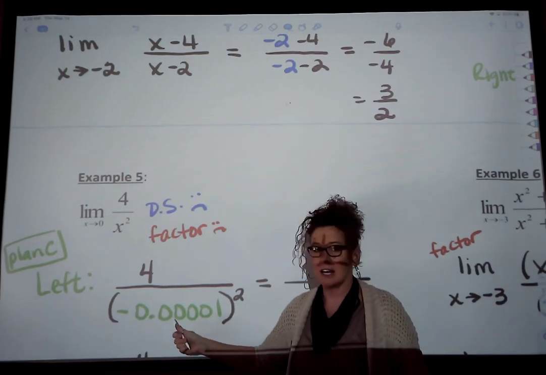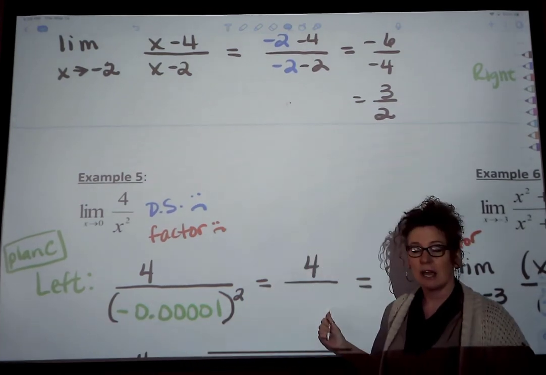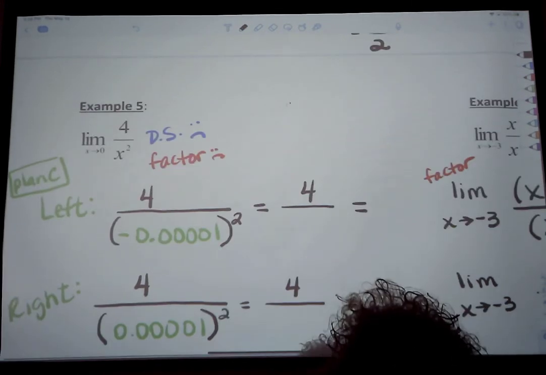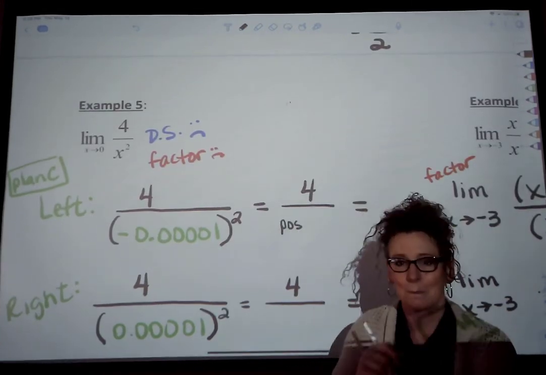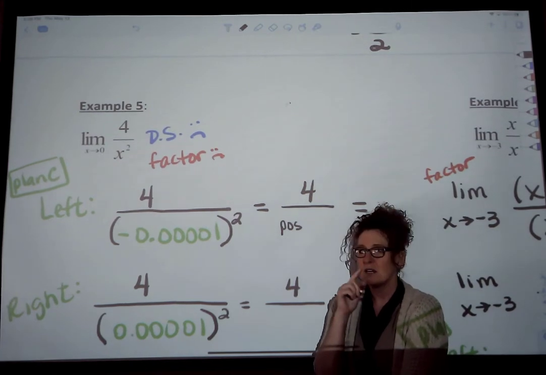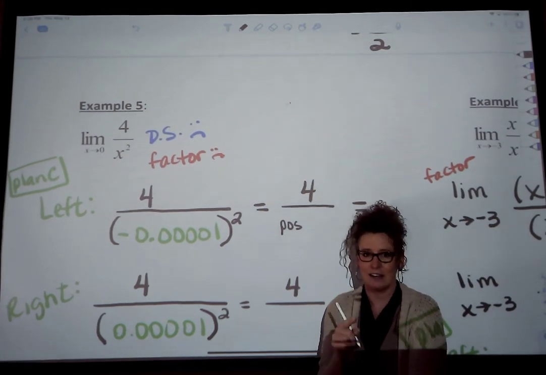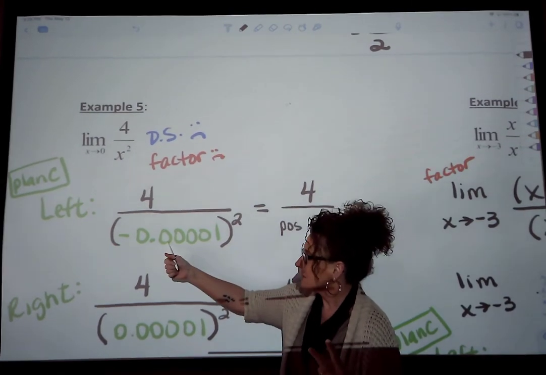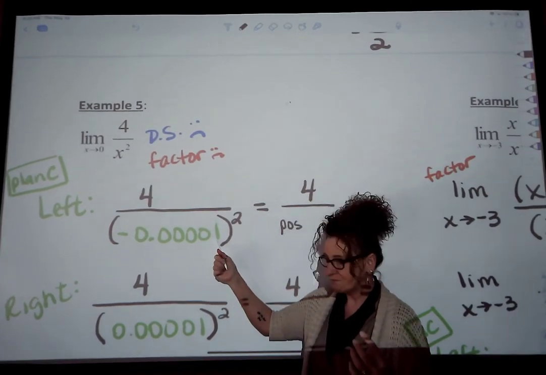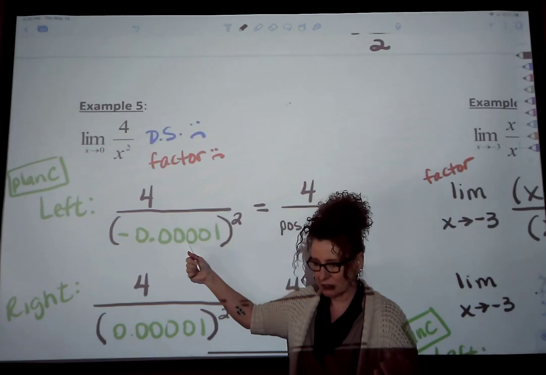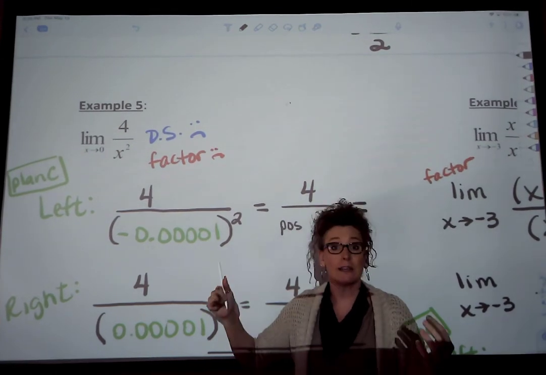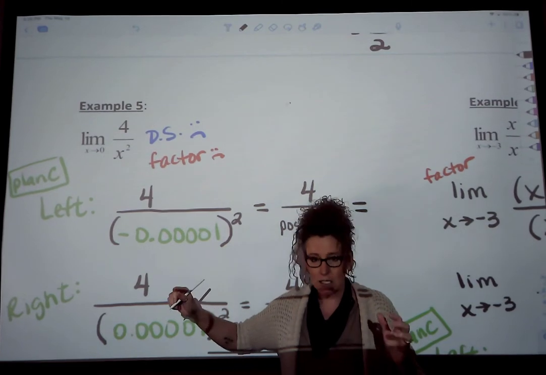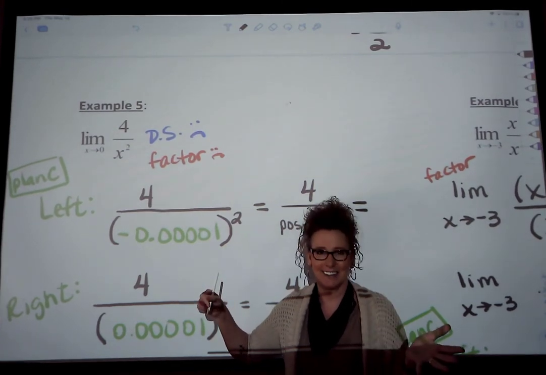Square a negative tiny number. What do you get? You get a positive. Teeny tiny number, right? Because 0.00001 times 0.00001 is 1, and how many places would you have to move your decimal over? 10.